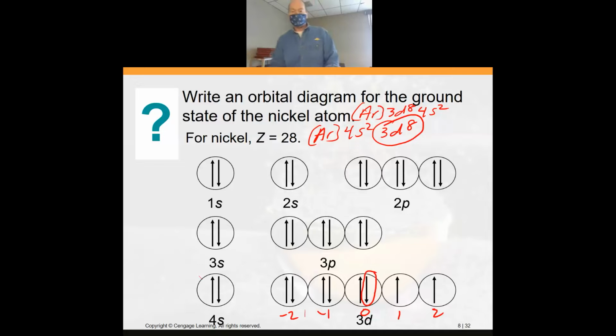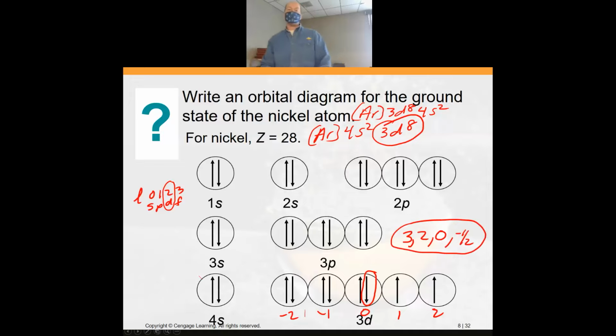We see that we have a 3d, so 3 is the first quantum number. Remember your L: 0, 1, 2, 3, s, p, d, and f. Since we're in a d, the second quantum number is a 2. The 8th electron ended up in orbital number 0, and it is spin down, so negative 1/2. So your 4 quantum numbers for the last electron you put into a nickel atom is 3, 2, 0, and negative 1/2.